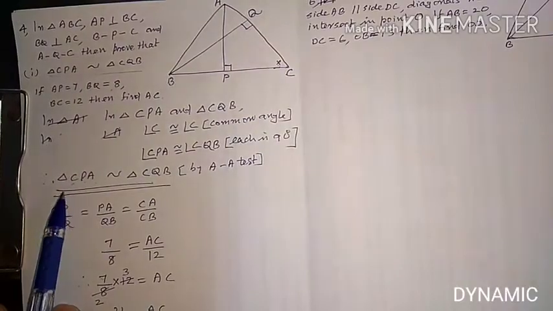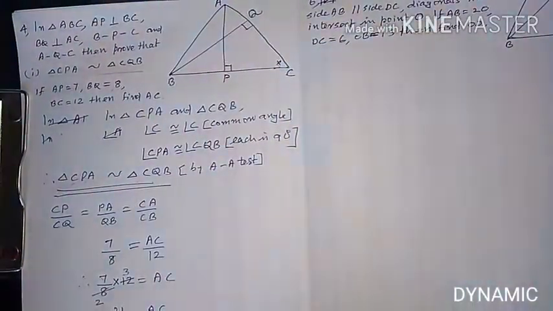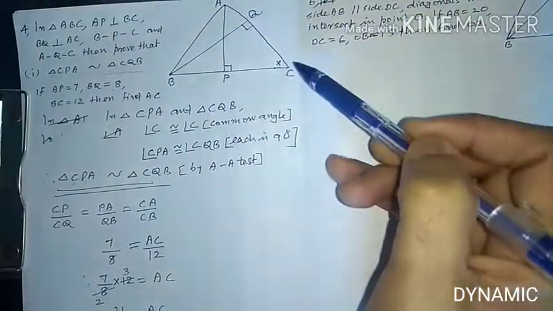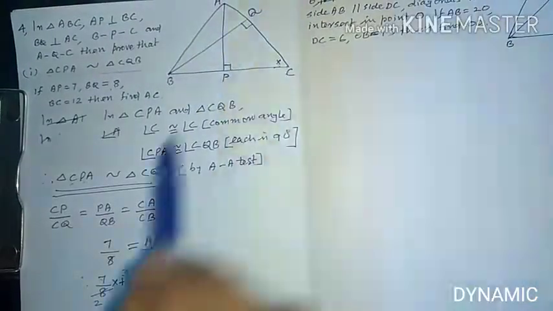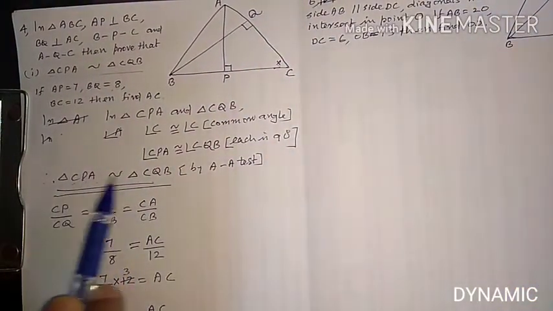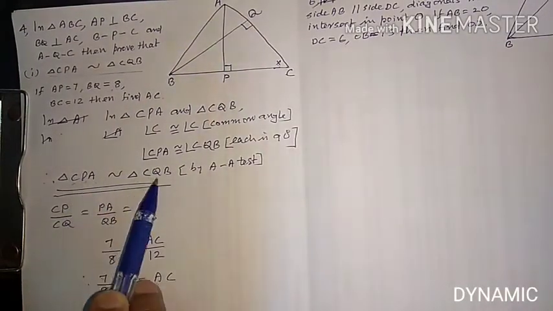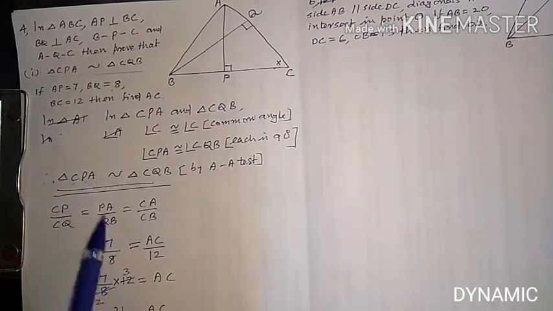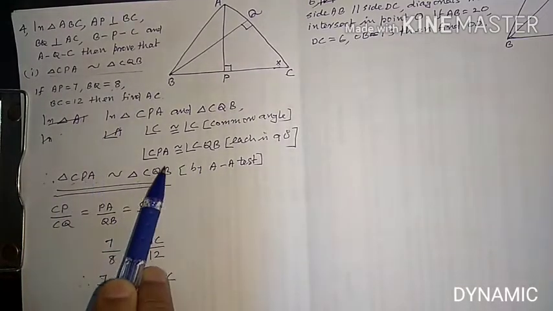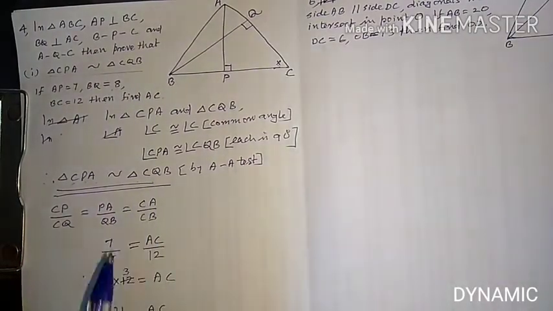Now we proved triangle CPA is similar to triangle CQB. Therefore, the sides are proportional: CP upon CQ is equal to PA upon QB is equal to CA upon CB.